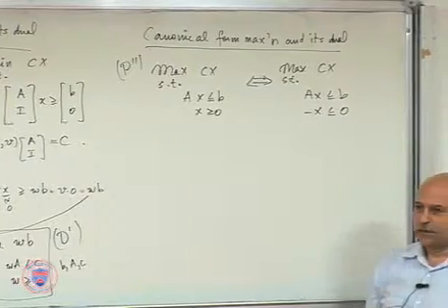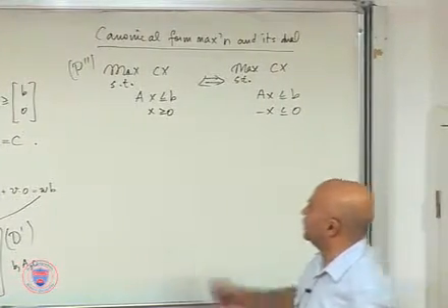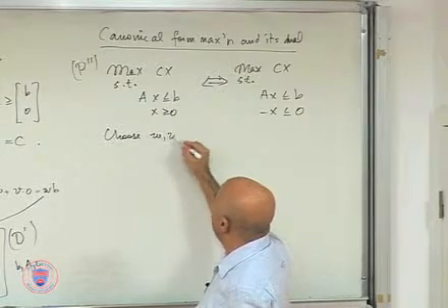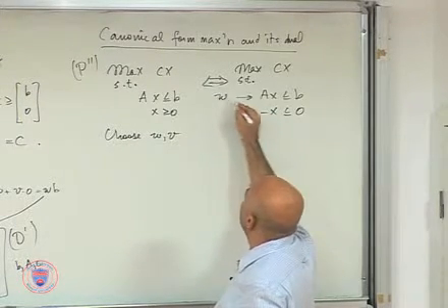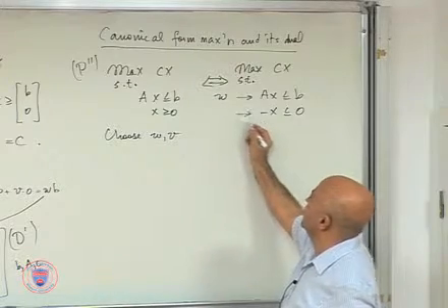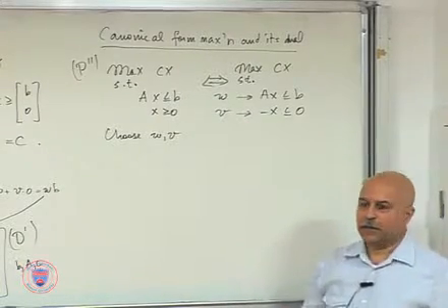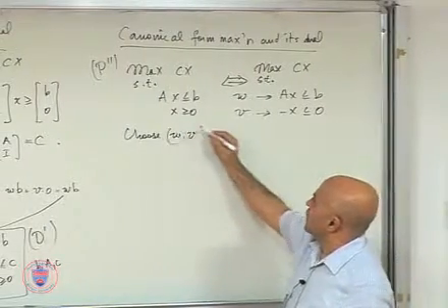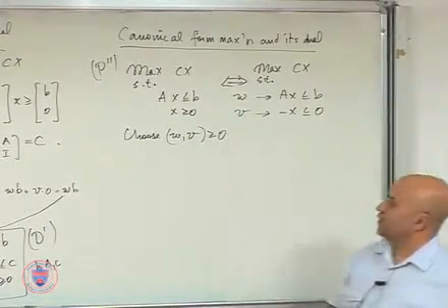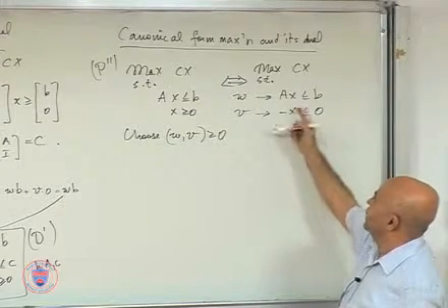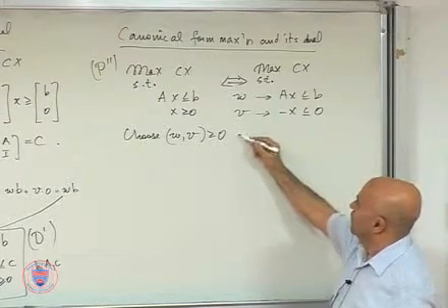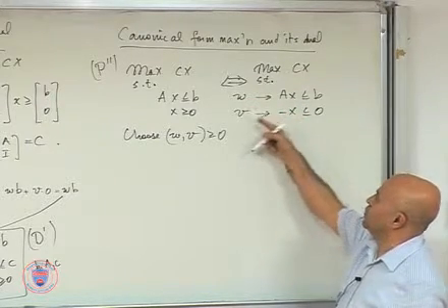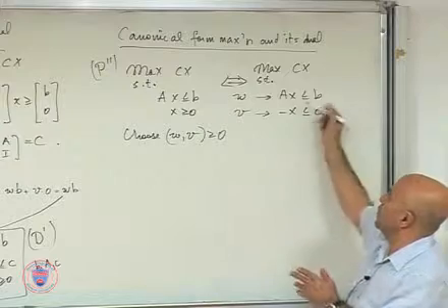That's why we're bothering with that. Again, you want to choose W and V, W associated with the first part, V associated with the second part, which is non-negative in each component, because when you multiply the constraints with these W's and V's, you want to maintain the inequalities.